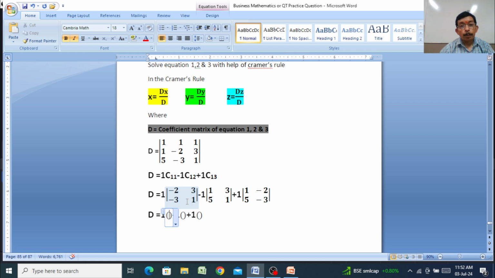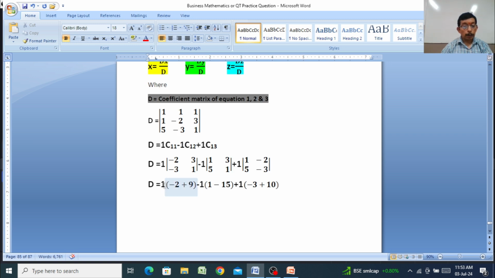The first diagonal elements are -1 and 2, the multiplication is -2. The second diagonal element is -9, then -(-9) is +9. Now simplify, first diagonal element is 1 into 1, then 5 times 3 is 15, -15. Now the first diagonal element is -3 and 5 is -10, minus (-10) is +10.